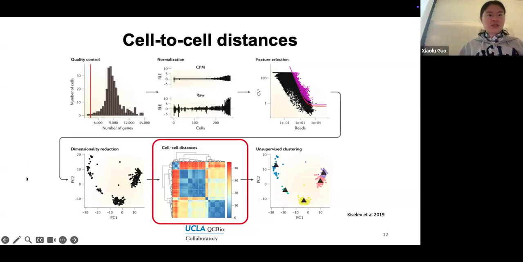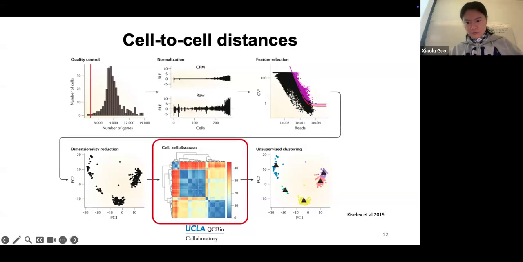Before we do PCA, we need to scale the data for each gene to have a mean of 0. Then we do the PCA. That's where we left last time. Next, we will calculate the cell-cell distance and then do the clustering.